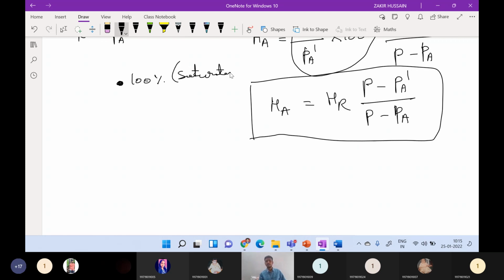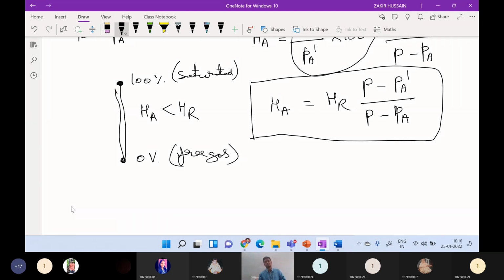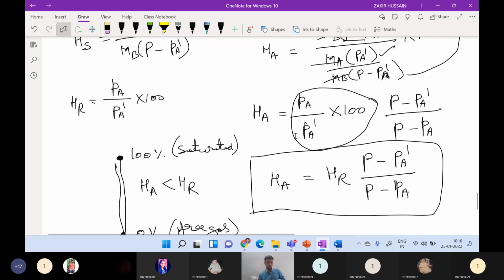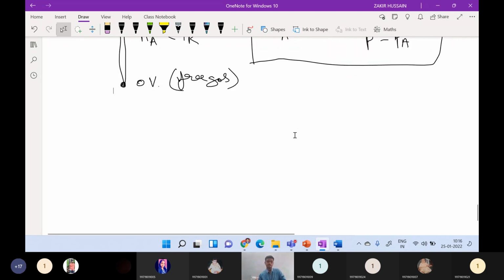And 0% humidity means this is free gas, so there is no water vapor inside the air. In between 0 and 100%, the percentage humidity will be less than HR. I hope it is clear.